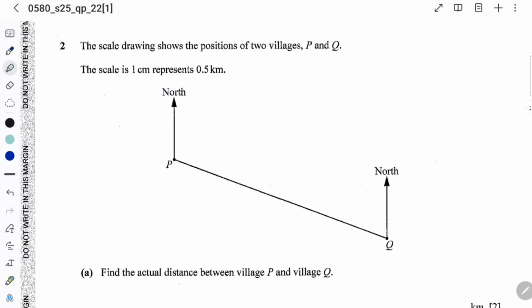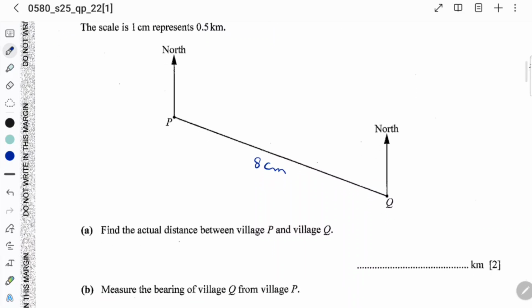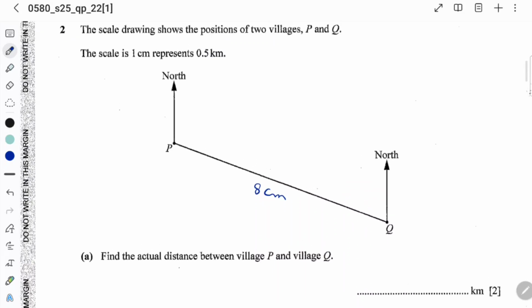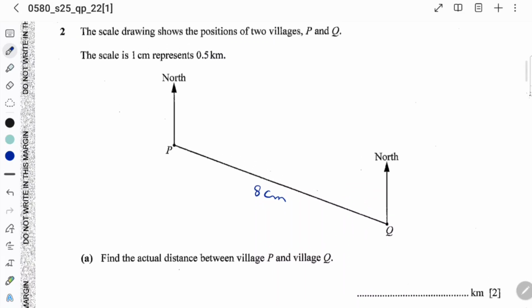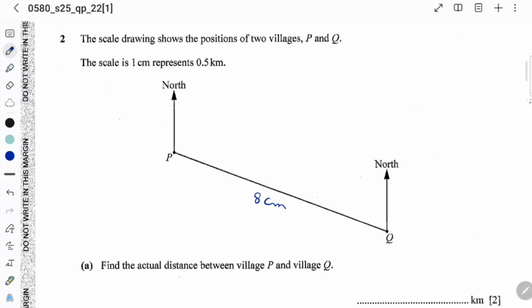Alright, we measure the line PQ, which is 8 centimeters here. Measure it with the help of the ruler. Find the actual distance between village P and village Q. So 1 centimeter equals 0.5 kilometers, which means it is half of it. Actually, it will be 4.